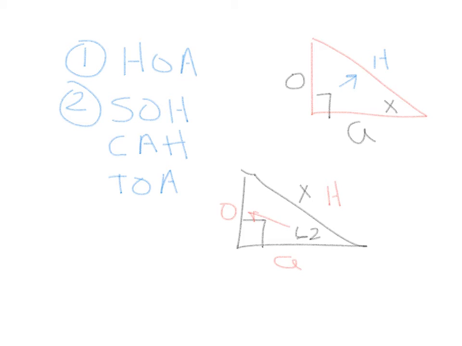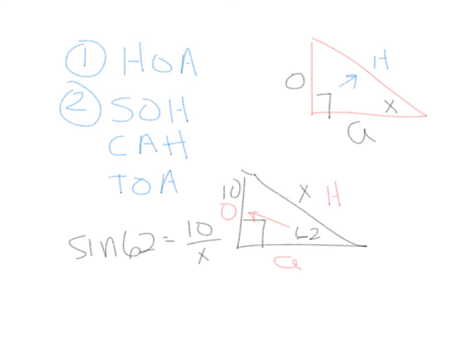So now to figure this out, you're going to say, okay, I know nothing about the A, so I can't use anything with an A in it, which means I have to use sine. So to set the problem up, you're going to say sine of 62 equals the opposite, which, oops, I should have given you, let's call this 10. So opposite, which is 10 over x.